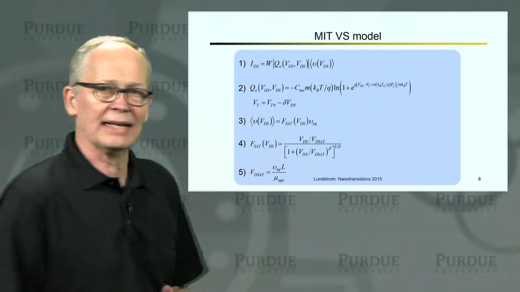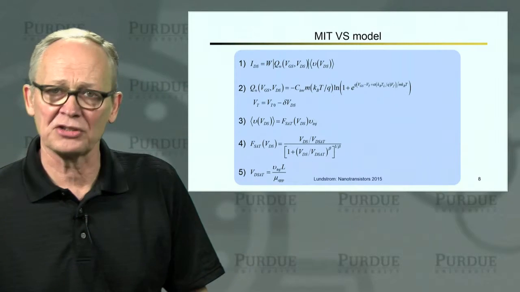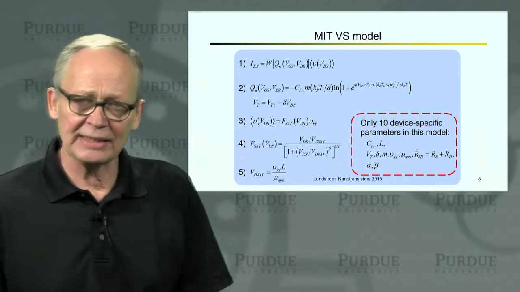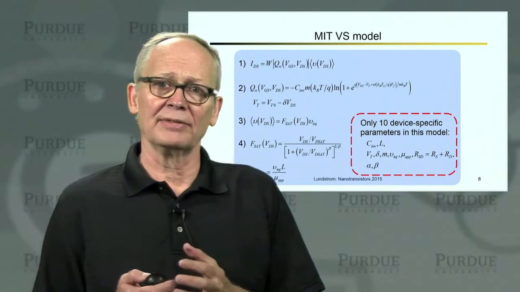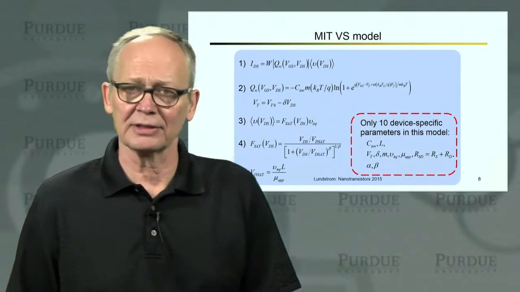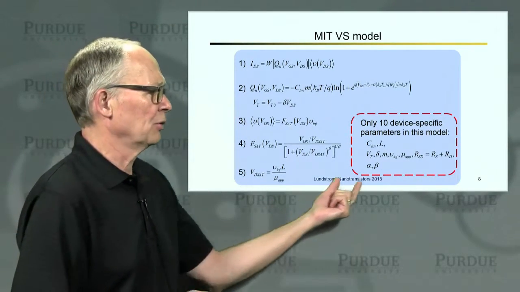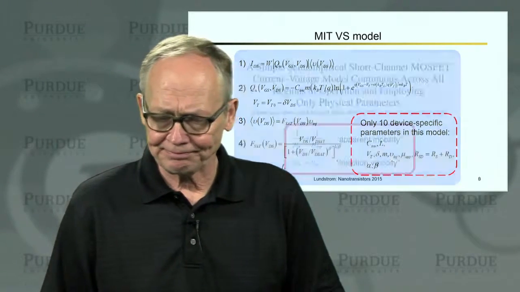And VDSat is a separation in drain voltage between the linear and the saturated regions of operation. The nice thing about this model is that it has only 10 parameters, and most of those 10 parameters are very clear physical parameters that we can extract or input to the model. A couple of empirical parameters that we need to fit the IV characteristics to.